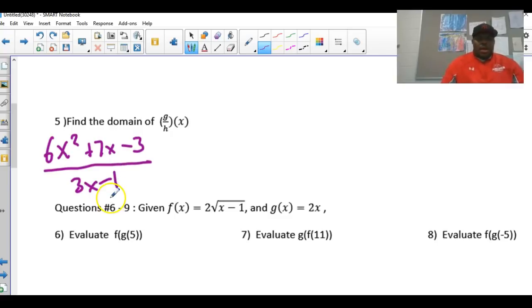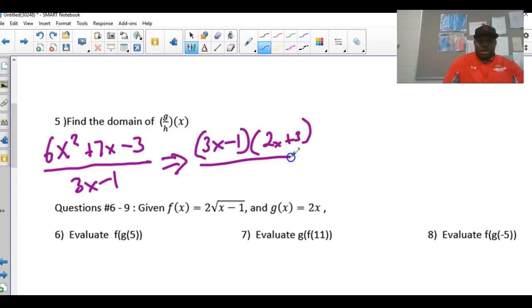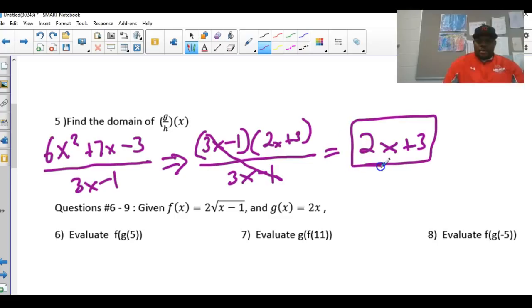So now we go ahead and factor that top again. We just did it. Remember, it was 3x times 2x plus 3, all over 3x minus 1. The 3x minus 1s are going to cancel, guys. The only expression remaining is 2x plus 3.